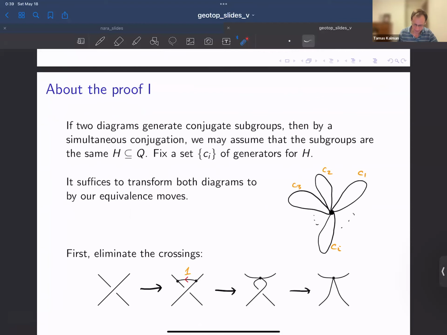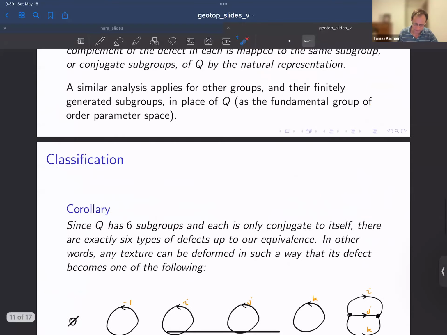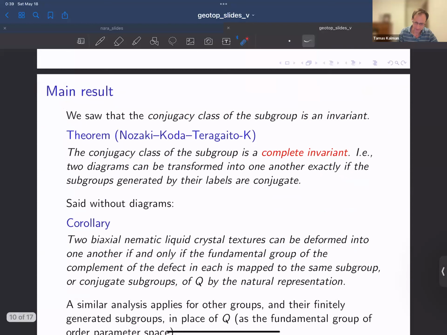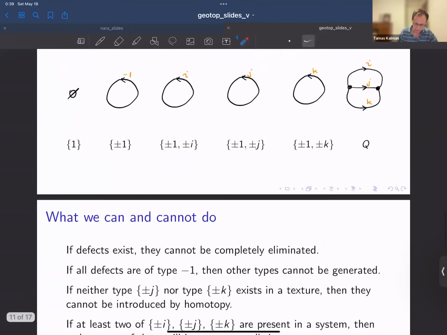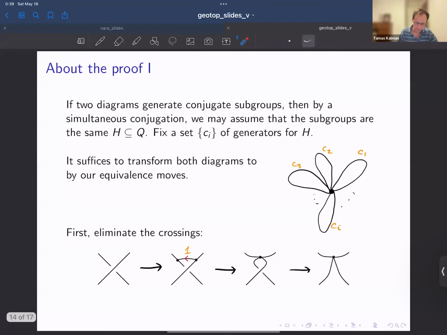So let me say super quickly how we make sure that what I said is true. What I said was that the conjugacy class of this generated subgroup is a complete invariant. Just to give you a feel for this, I don't want to bore you with all these details.